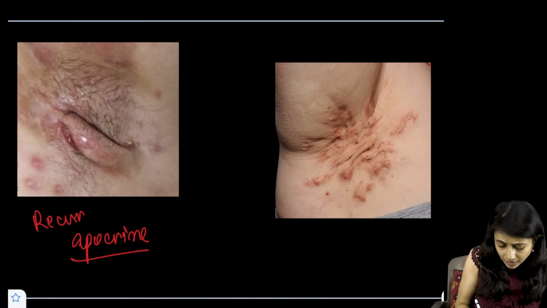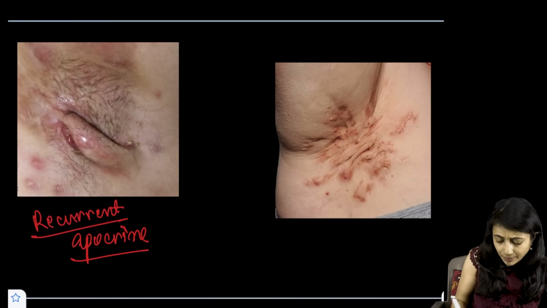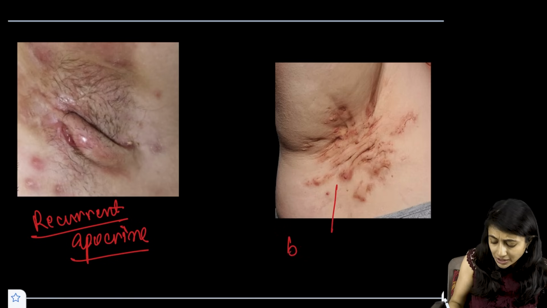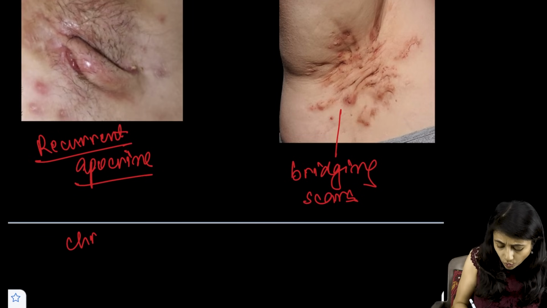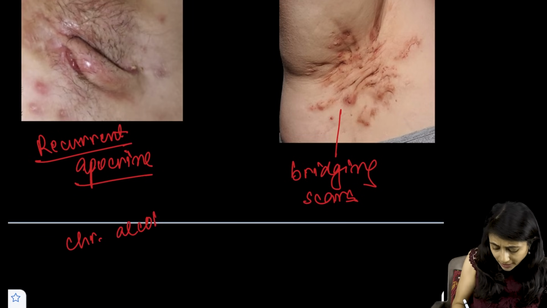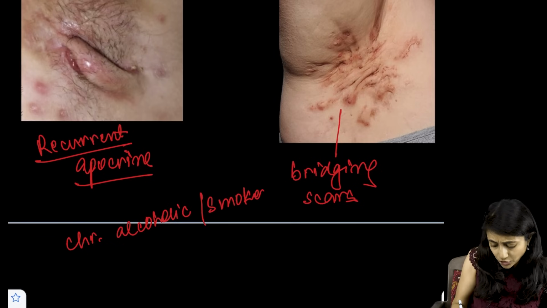Recurrent lesions happening at the apocrine sites and lesions typically healing with bridging scars. Then another important pointer that I gave you was chronic alcoholic or smoker or a diabetes patient.